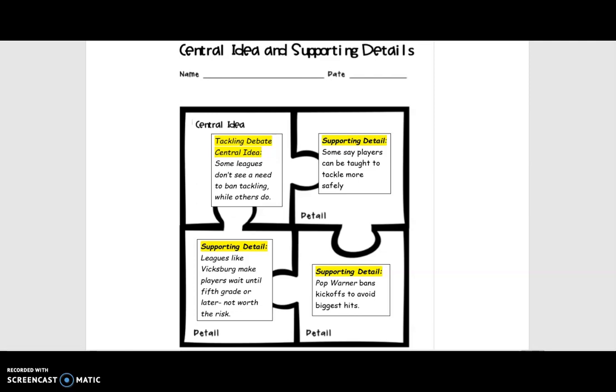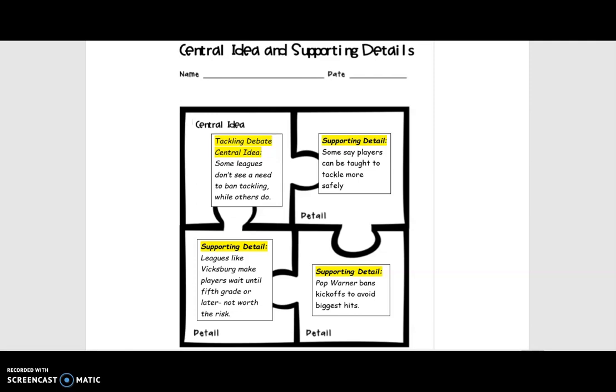So for today's assignment, you're going to be reading a selection called Facing the Flood. As you're reading, you're going to look for the central idea and supporting details in each paragraph or section. Don't forget, though, to continue annotating those important things like the author's purpose and genre as well.